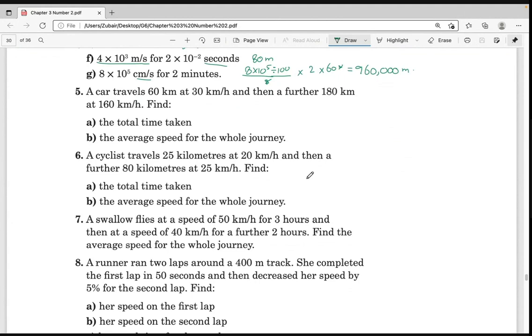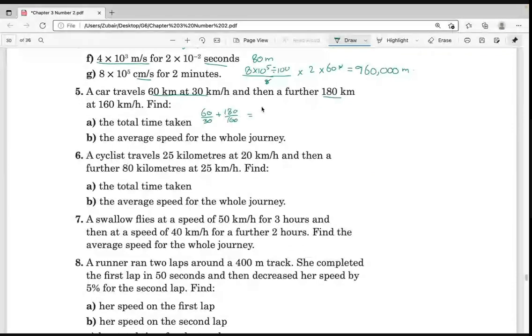Question number 5. A car travels 60 kilometers at 30 kilometers per hour and then further 180 kilometers at 160 kilometers per hour. Find the total time taken. So time equals distance divided by speed. First section, distance over speed. Second section, distance over speed.